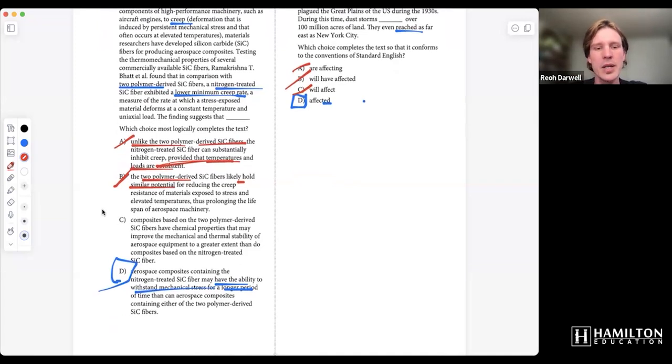And then finally, C would say that 2-polymer is better than nitrogen treated, which is an opposite distractor. So that's why the others are wrong, and that's how we arrive at the correct answer of D.